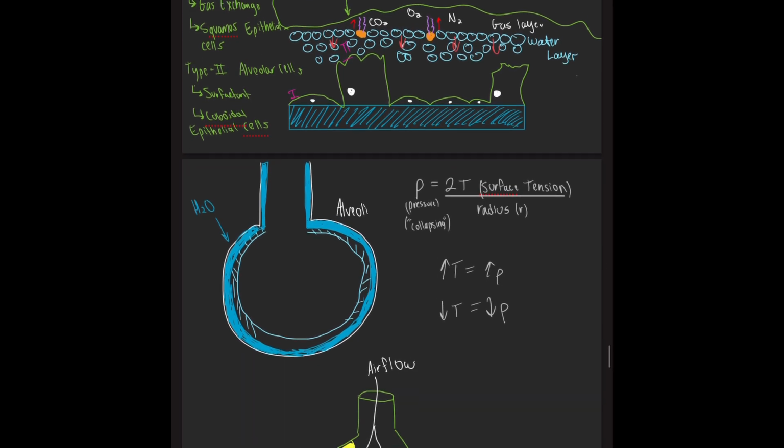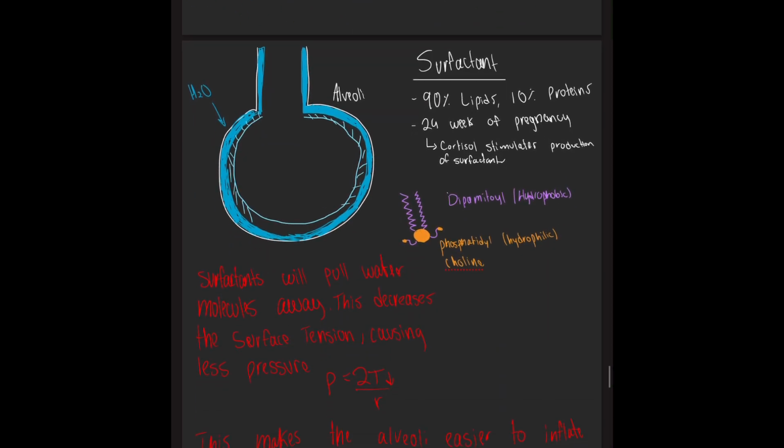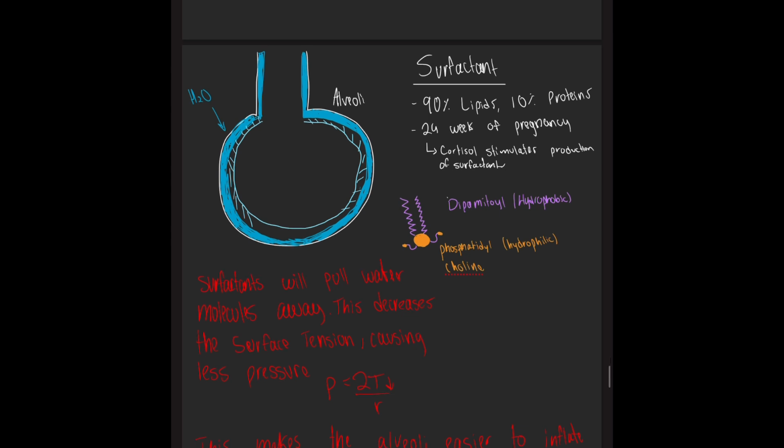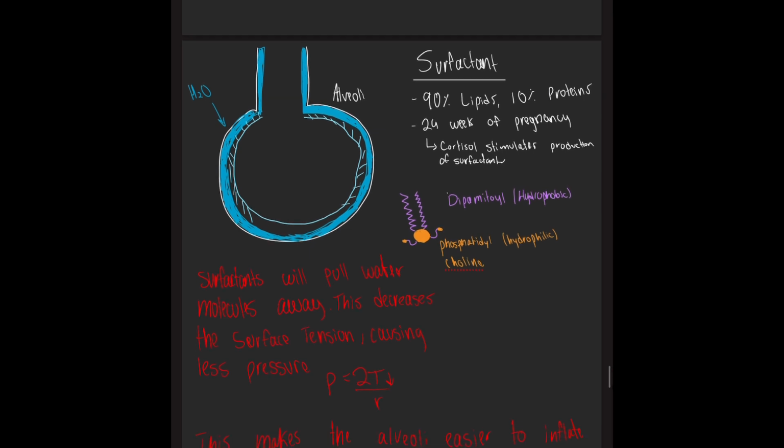So what is surfactant? Surfactant is made up of 90% lipids and 10% proteins. And in the gestational phase during pregnancy, at 24 weeks, our cortisol starts stimulating the production of surfactant, right? It's going to stimulate those type 2 alveolar cells.